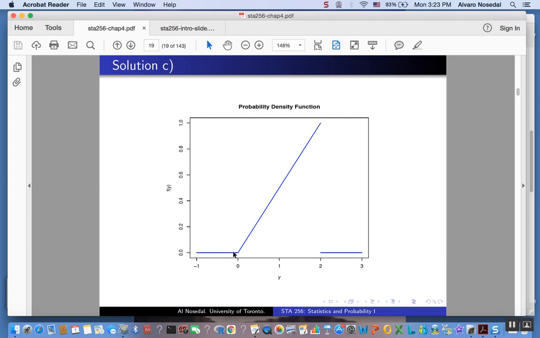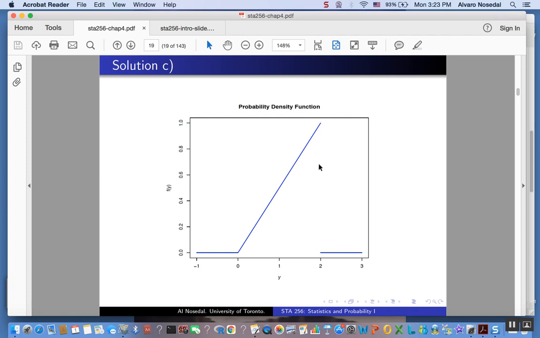Can you see that that function satisfies the properties of a legit PDF? It's a curve, a function that lives on or above the horizontal axis. That's property 1. And the other one: if you take the integral with respect to that random variable, in this case y, from negative infinity to infinity, it's going to be 1.